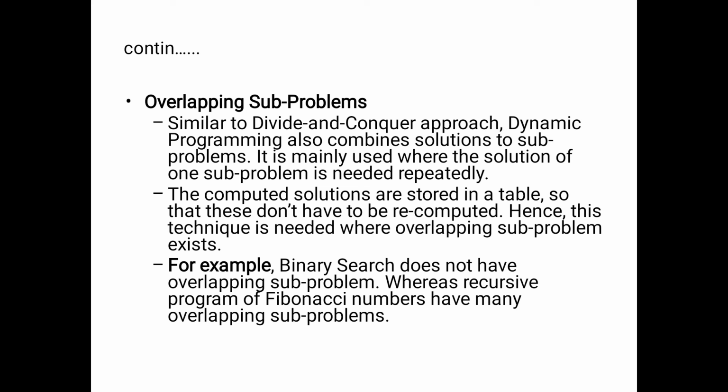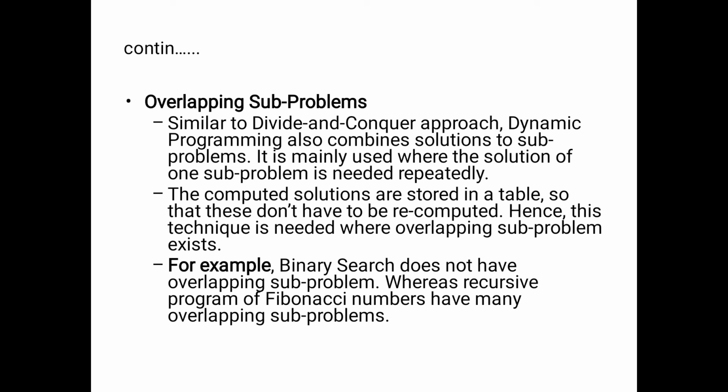Dynamic programming combines the solutions of the subproblems. It is mainly used when the solution of a subproblem is needed again and again. If each subproblem is divided and calculated again, we would calculate it two times.